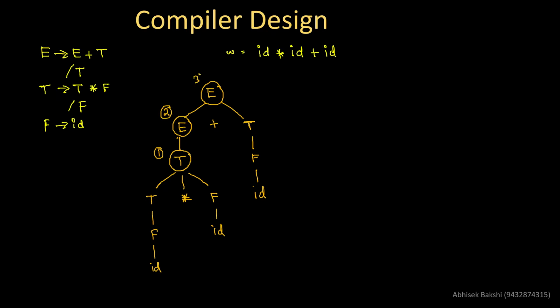I'm just numbering it to show you that calculation order. Obviously there will be calculation on the F and T side in other cases, but I'm not considering those because they are less important to understand the precedence here. So the precedence of this T having 1 is the highest, and the precedence of E having 3 is the lowest.